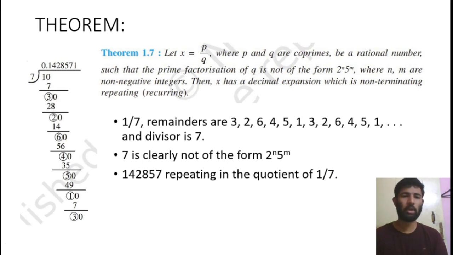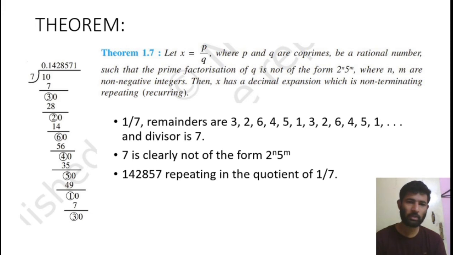Now coming to the last theorem of this video. It says let x is equal to p by q, where p and q are coprime, be a rational number such that the prime factorization of q is not of the form 2 power n into 5 power m, where again n and m are non-negative integers. Then x has a decimal expansion which is non-terminating and repeating.